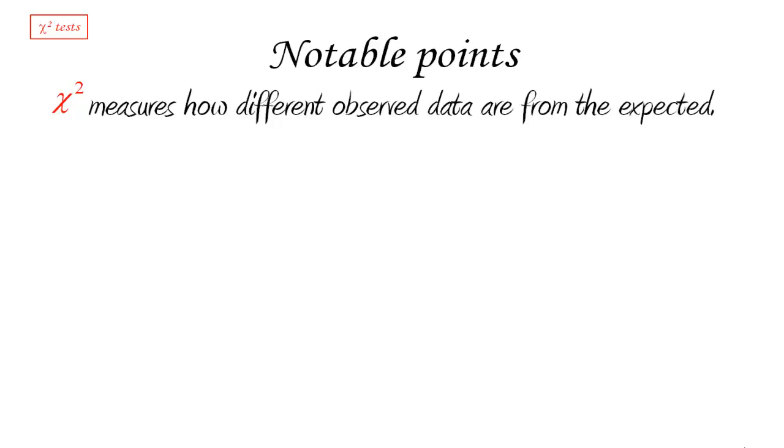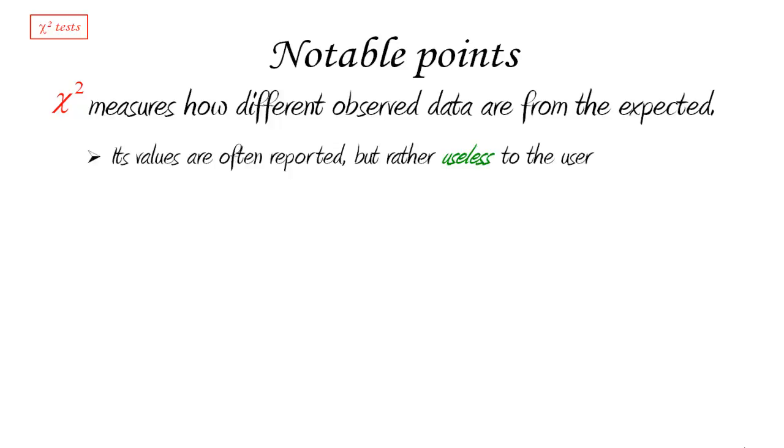Let's look instead at some important points to consider about the chi-square tests. Okay? First of all, the chi-squared statistic measures how different the observed data are from the expected. So once again, the values of this chi-squared statistic are often reported. You're often going to see them in an article, but they're rather useless to us, the users of the article. Those numbers don't really tell us very much.